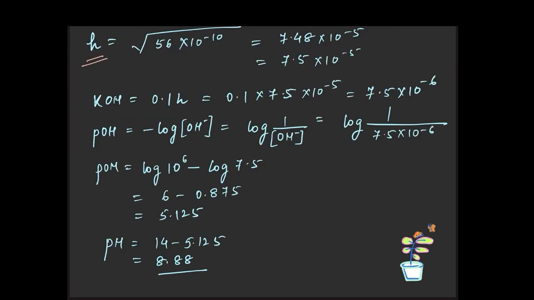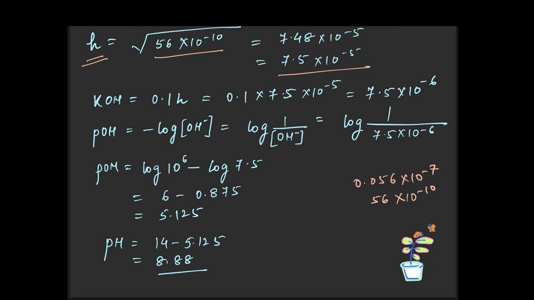Now the value of h will be equal to square root of 56 into 10 to the power minus 10, since 0.056 into 10 to the power minus 7 can also be written as 56 into 10 to the power minus 10. Solving, the value of h is equal to 7.5 into 10 to the power minus 5. This is the approximate value.